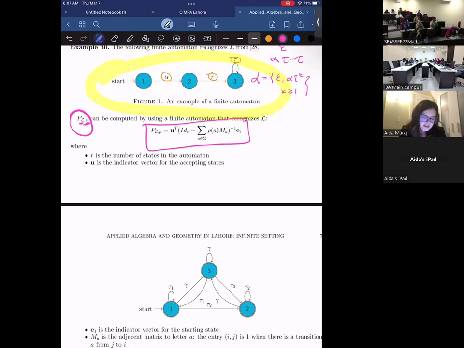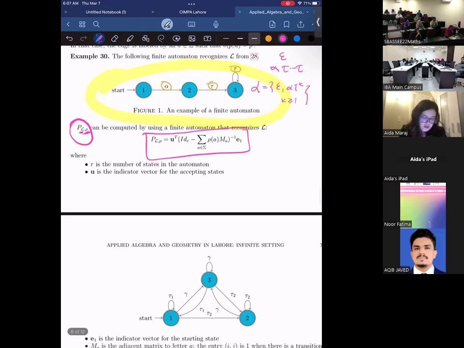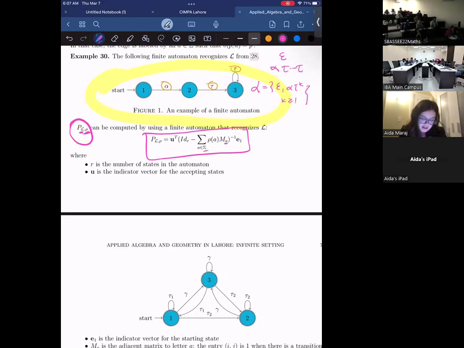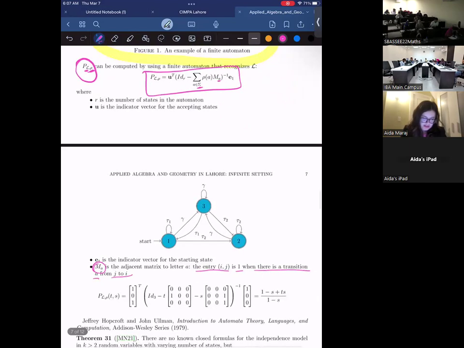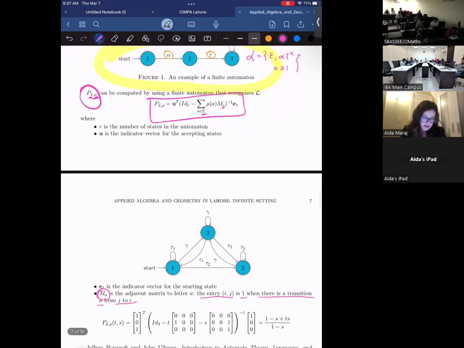For each letter A in the alphabet, we take the adjacency matrix M_A. The entry ij of this matrix is 1 when there is a transition labeled A from j to i. We'll see this in detail, but this is what M_A is.